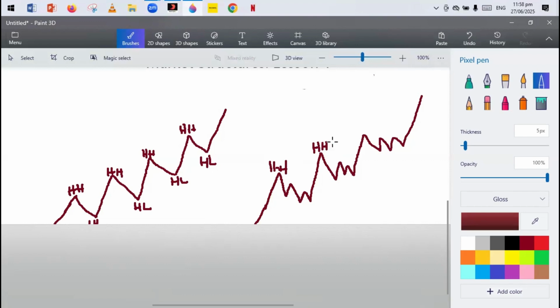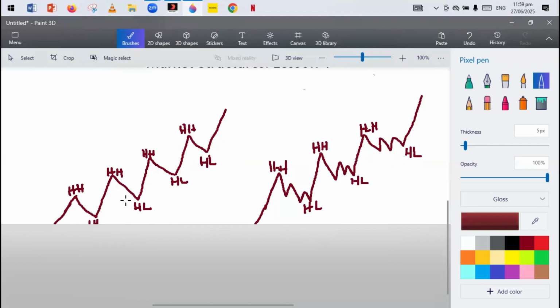So your higher high, and then you have the higher high there. That is your higher high, and then we have our higher lows, higher high, and higher lows. Yes, so that is how the market moves.